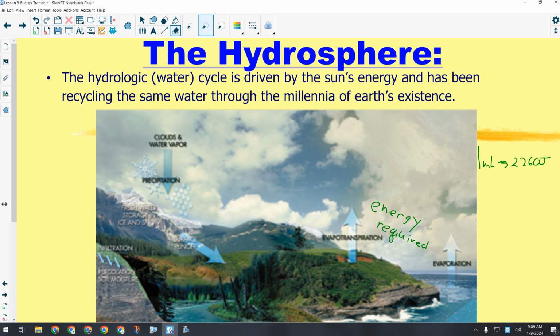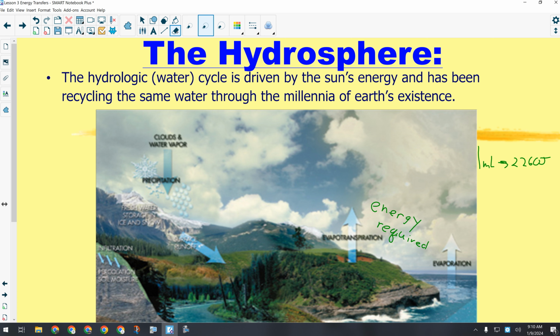Is that a lot? Sounds like a lot. It is a huge amount of energy, because 1 milliliter is tiny. It is like a medium-sized drop of water. That's 1 milliliter, and that requires 2,260 joules of energy to evaporate.